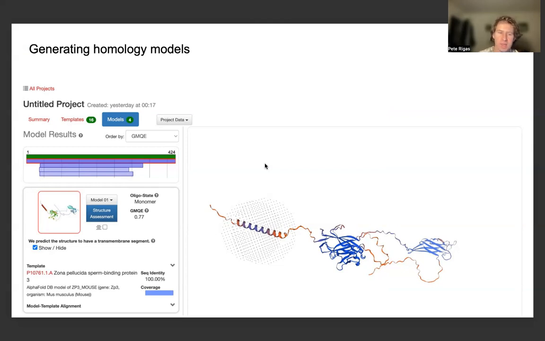This comes into play because when you run a homology model on the Swiss homology modeler, typically there is a summary tab which provides a higher level overview of what characteristics of the Protein Data Bank structure and file we would expect to have from just a sequence that we feed into the homology modeler, as well as the fact that there can be some templates and models, 16 and 4 in this case, which each have different characteristics, namely including the oligo state, the GMQE score, which is a perceptron score relating to the classification error, and the sequence identity.